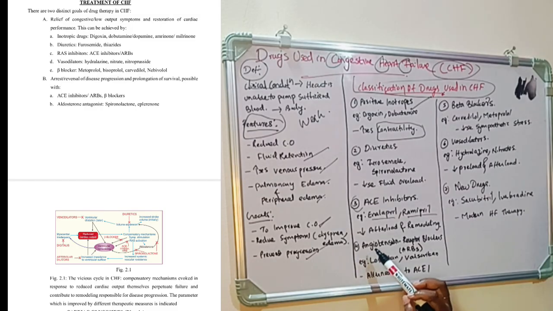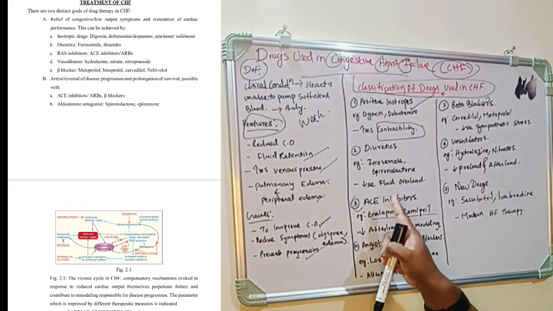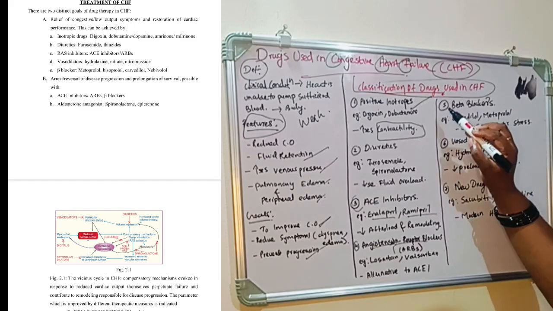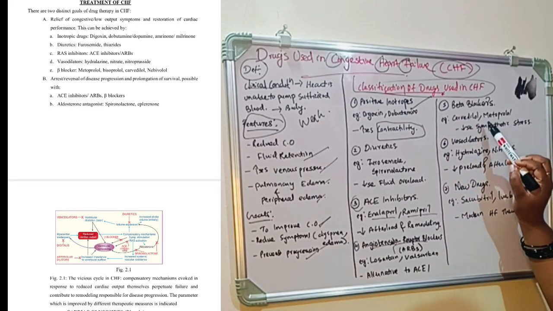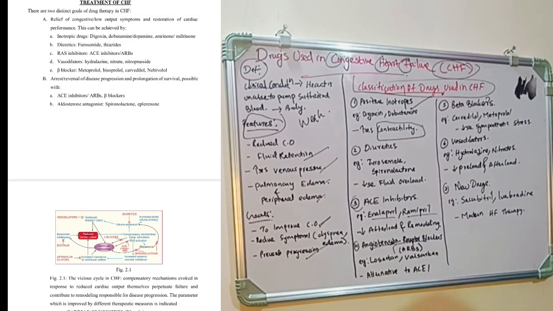The fourth one is angiotensin receptor blockers, represented by ARBs. Examples are losartan and valsartan. This is the alternative for your ACE inhibitors, which means it will decrease the afterload and remodeling. The fifth one is beta blockers, carvedilol and metoprolol, which decrease the sympathetic stress.